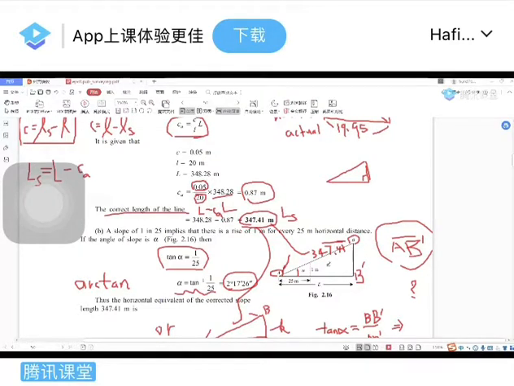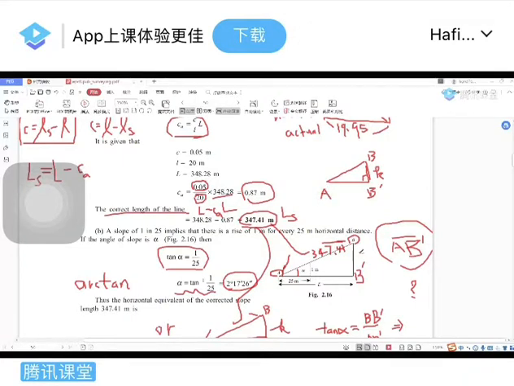Okay. Anyway, so you can assume BB prime is K. This is BB prime, number is K. And how about AB prime?